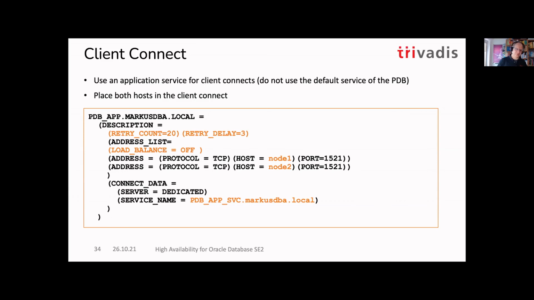Retry count, in this case 20, retry delay 3. So every 3 seconds, all the clients try to connect to the PDB. So with 20 retries, you have 1 minute time to get the refreshable PDB up and running as a normal PDB.